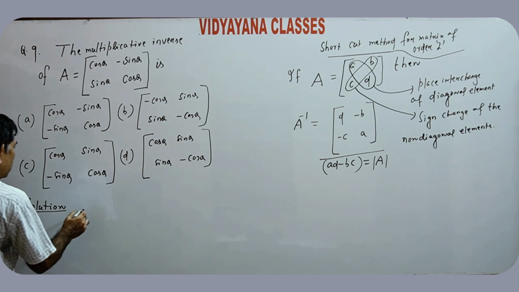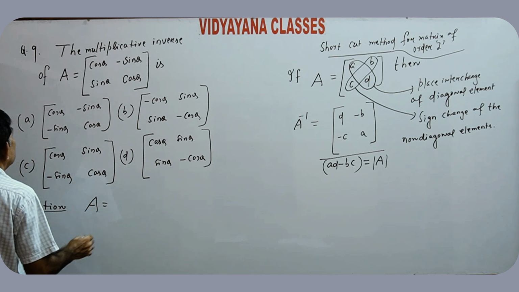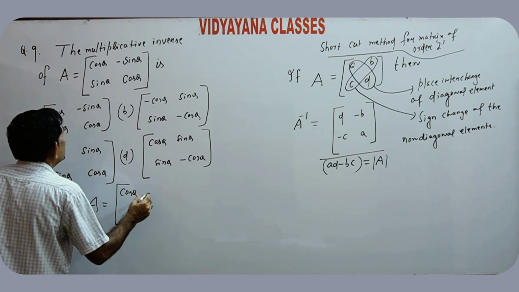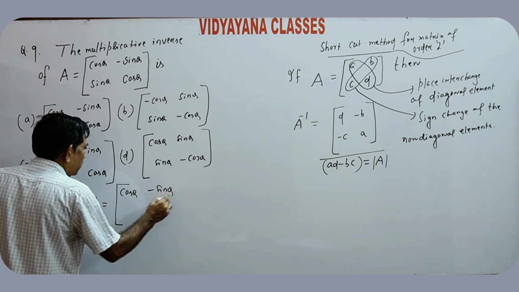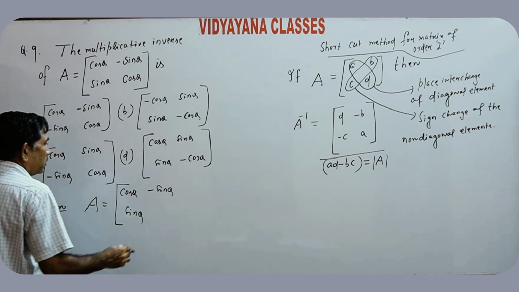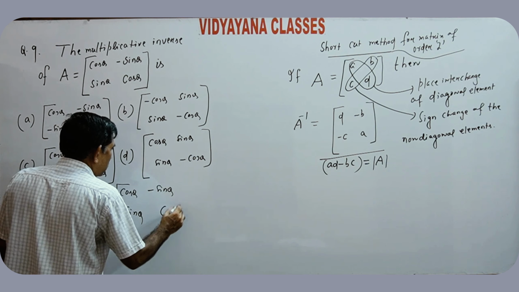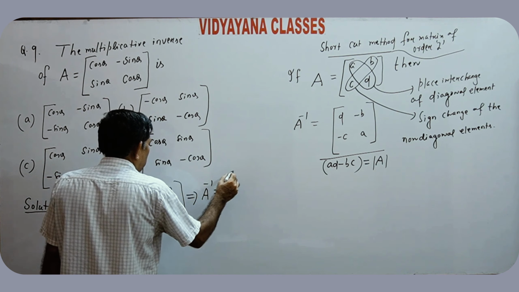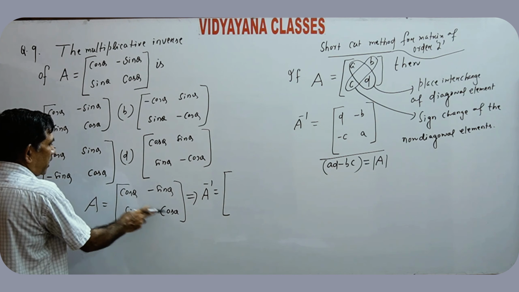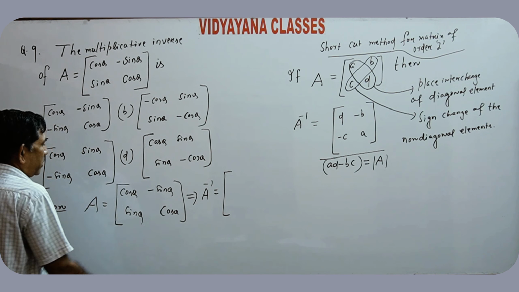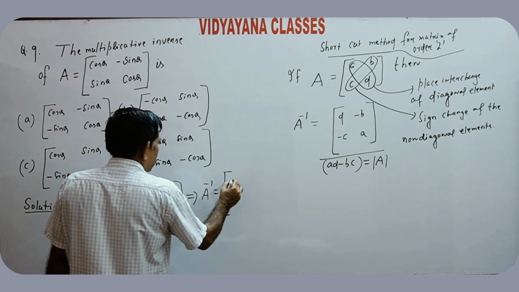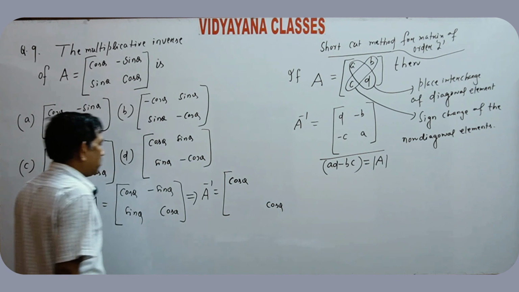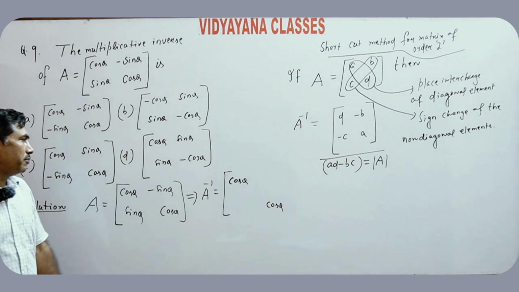So, A is the given matrix having elements cos theta, minus sin theta, sin theta and cos theta. This implies A inverse: first, place interchange of the diagonal elements. Cos theta stays the same, so no change of the diagonal elements since both are the same.